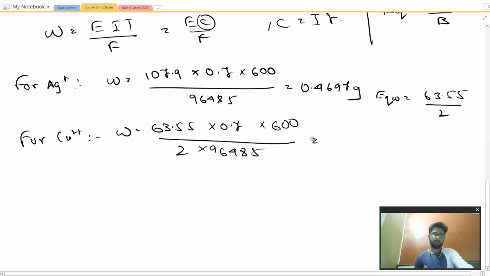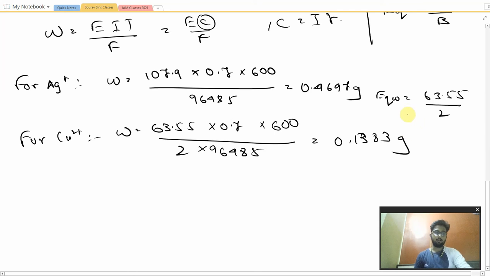Let us calculate this also: 63.55 into 0.7 into 600 divided by 2 divided by 96485. This comes out to be 0.1383 grams.